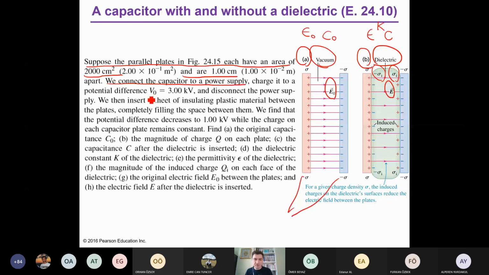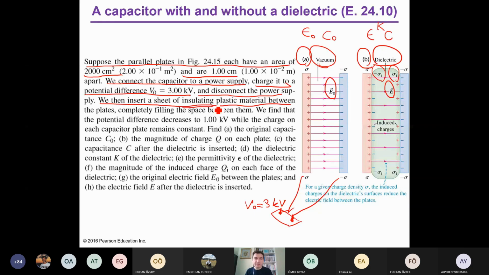Just consider here we have a battery, and then a 3 kilovolt potential difference is produced between the conducting plates, and we disconnect the power supply. We then insert a sheet of insulating plastic material. Dielectrics are insulating materials, okay? Don't forget. A sheet of insulating plastic material between the plates, completely filling the space between them.